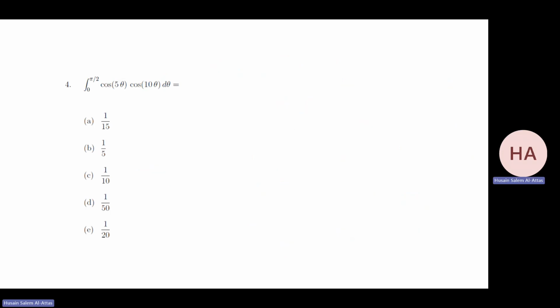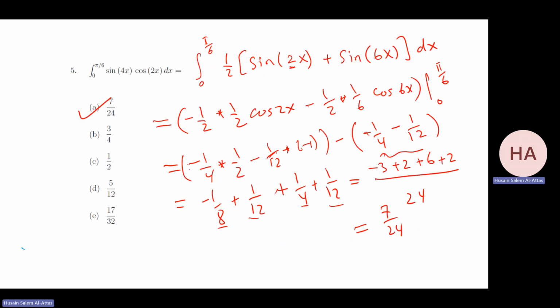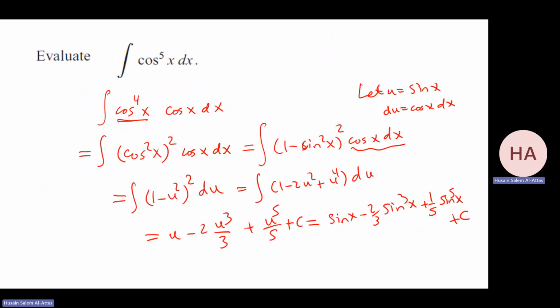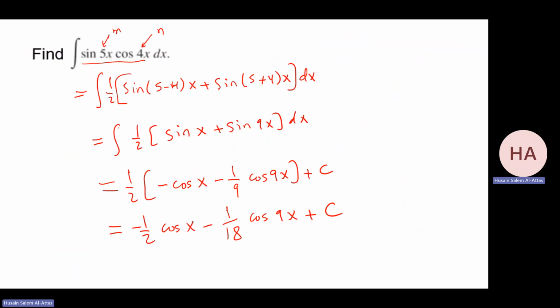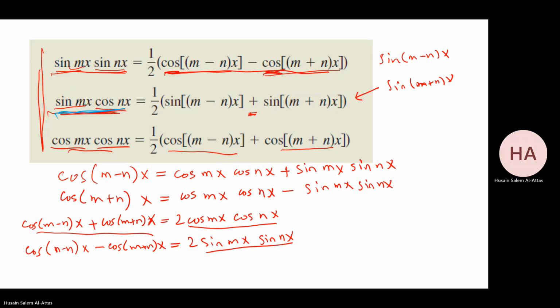Okay, not difficult. When I have cosine times cosine, what was the formula? It will be cosine the difference plus cosine the sum. The only minus is if I have sine.